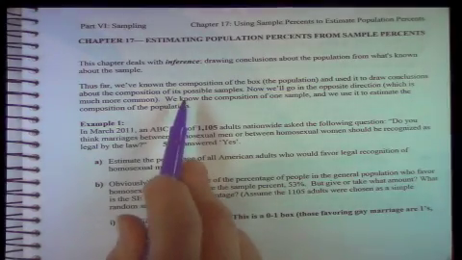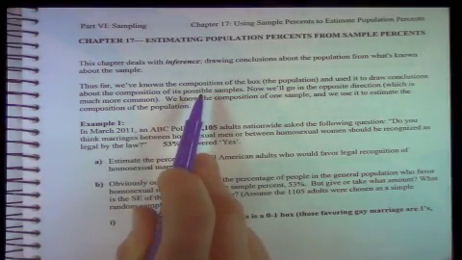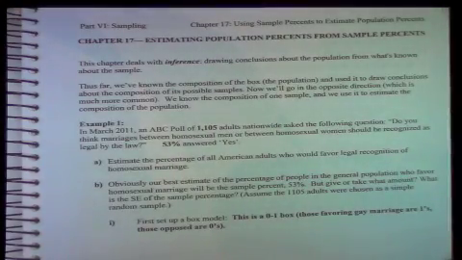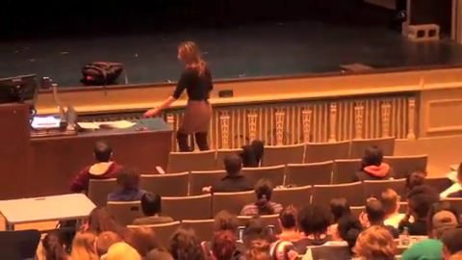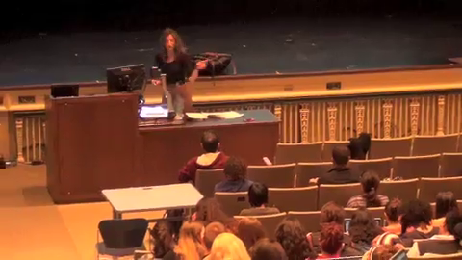Now, so far, when we've been looking at chance processes, like gambling games, we know what the odds are. We know exactly what's in the box. We know what the roulette wheel looks like. Then it's just the luck of the draw. Now we're going to go in the other direction.